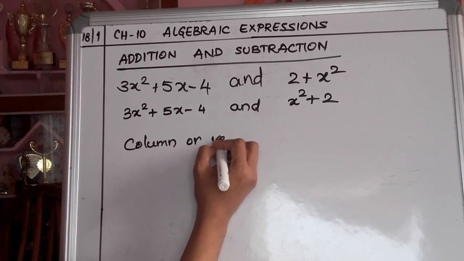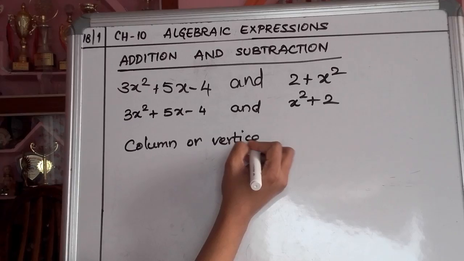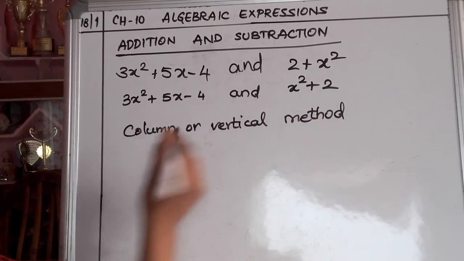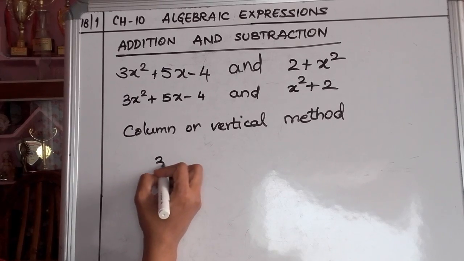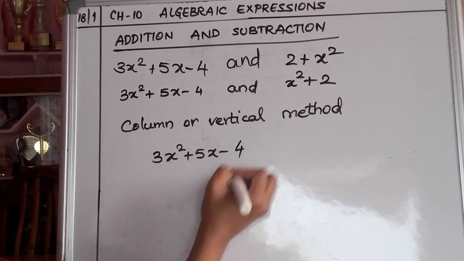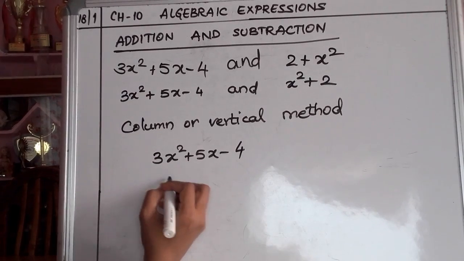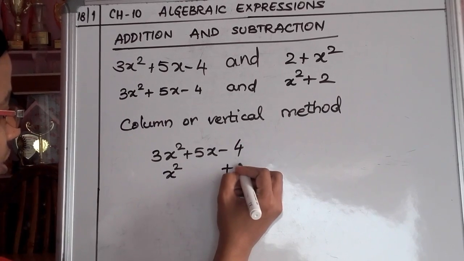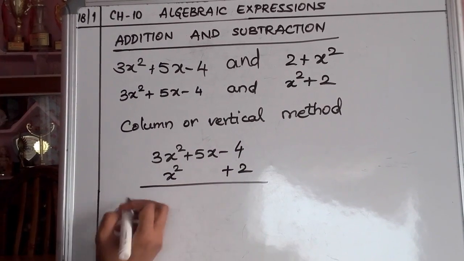So now let us use the C, that is column or vertical method. For this, let us write the first expression. 3x square plus 5x minus 4, and below it x square. Where x square is there you need to write x square, and where constant is there you have to write the constant.